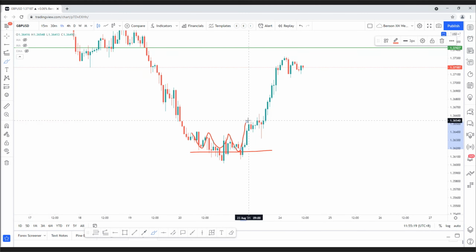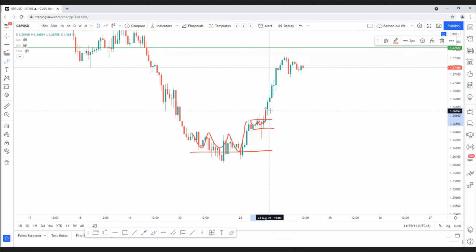So there is a small bull flag where the price consolidated within this resistance and this support. This price action just happened yesterday. Shortly after consolidation, the price broke up to the upside.